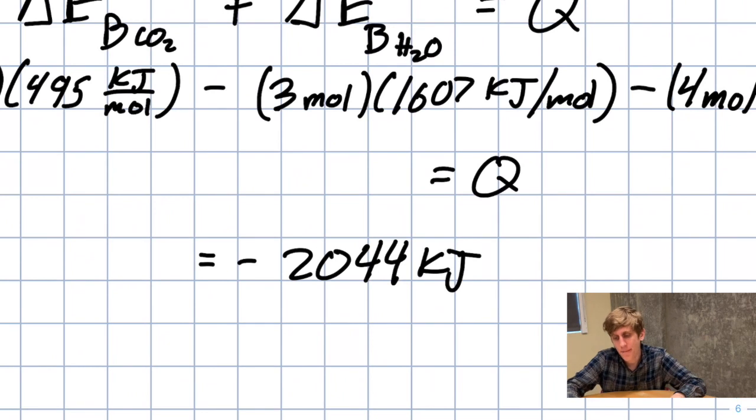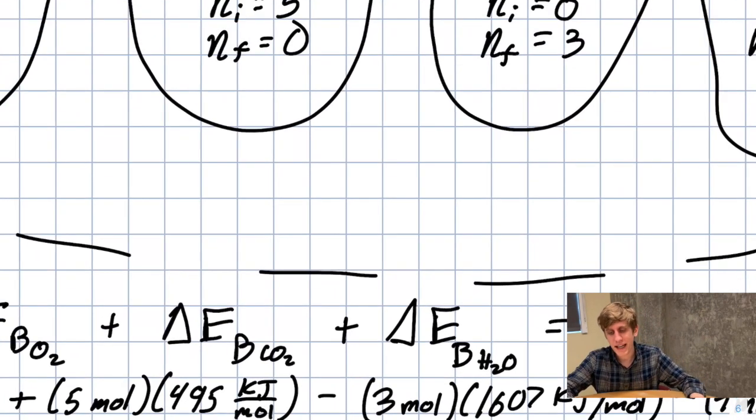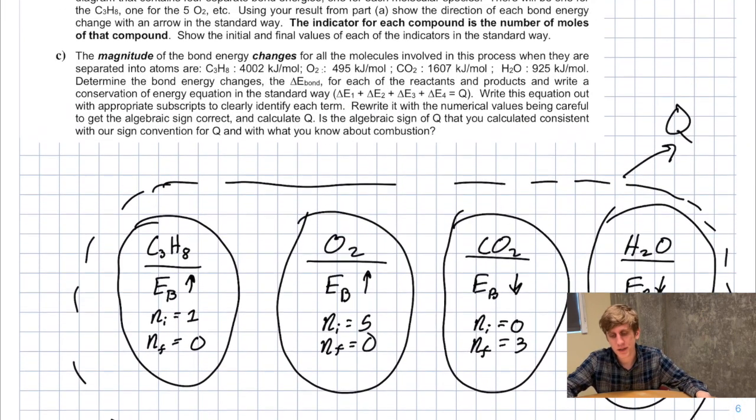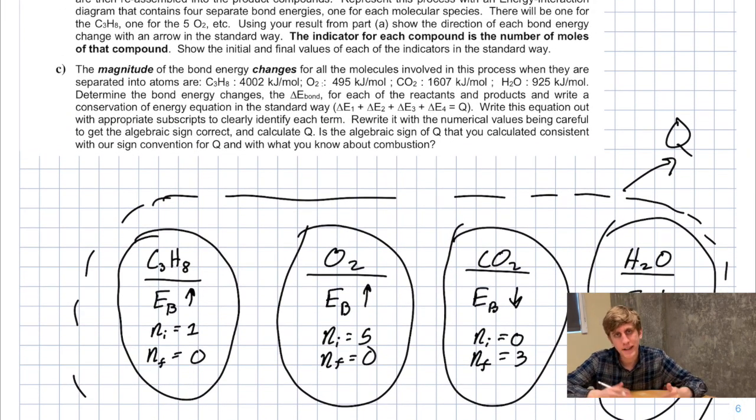I want to make a comment about this minus sign. You might be thinking to yourself, combustion makes everything really hot. Why did we get a minus sign here? Well, it's important to keep in mind what our physical system is. Our physical system is just the reactants and the products.